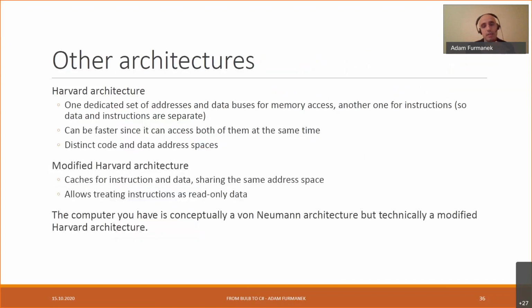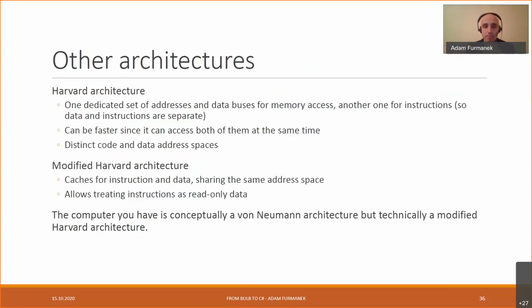There are other architectures as well. Even though we typically say that our computers are based on von Neumann architecture, it's not necessarily true, because our computers now are much more sophisticated. We especially have caches, and caches are technically modified Harvard architecture.